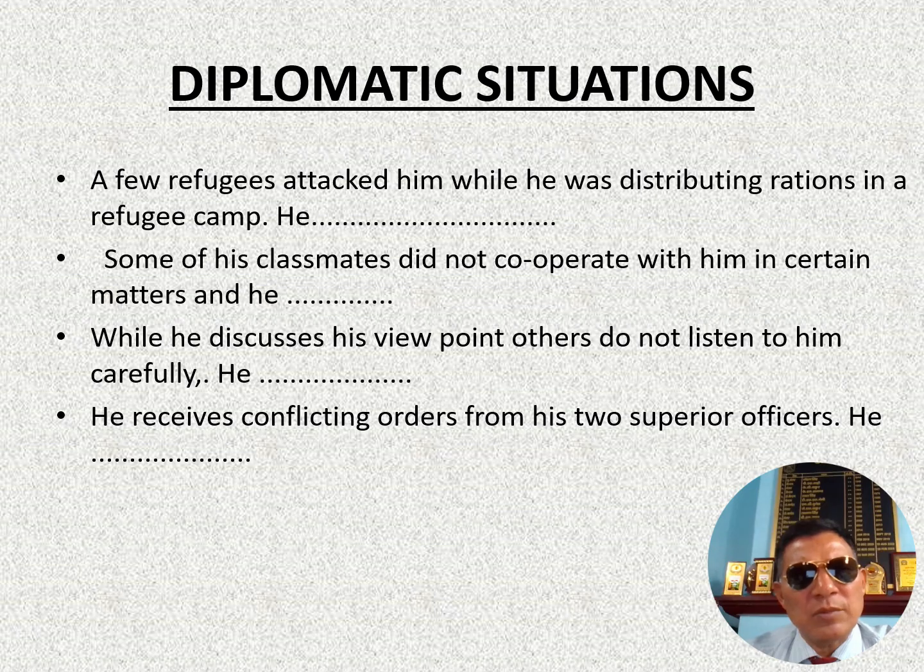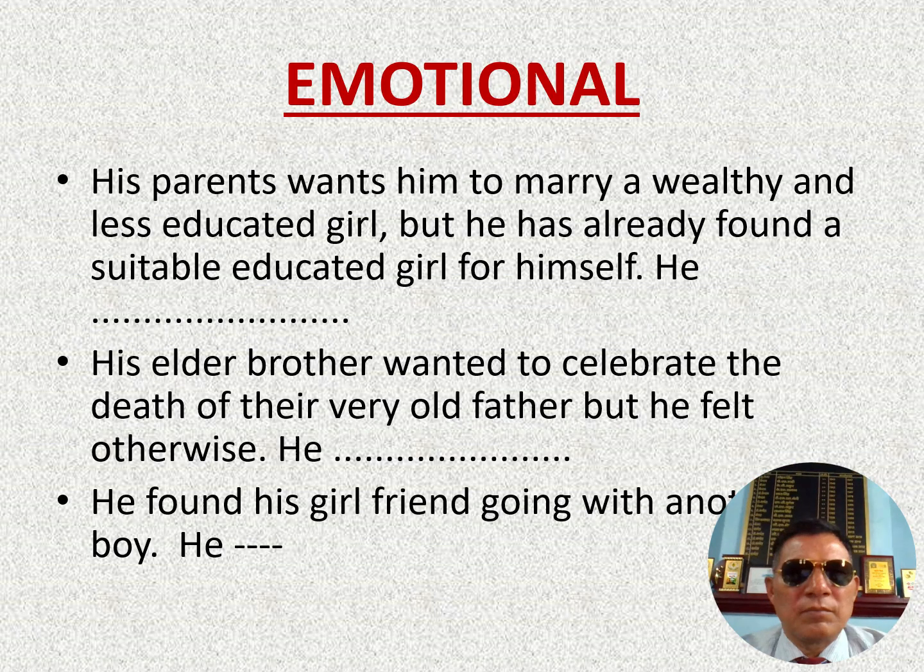So consult both of them, and if they come to know that these are conflicting orders, the correct orders will be given to you, and you react and take action as per the final orders given to you.